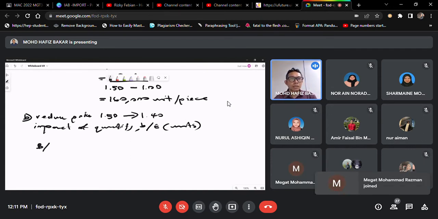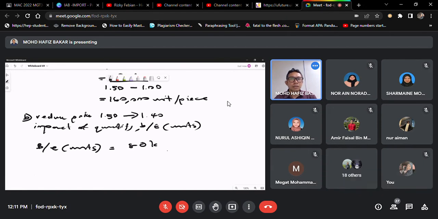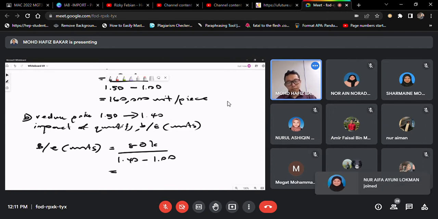So break even units: 80,000 divided by RM1.40 minus RM1. Equivalent to 200,000 units.